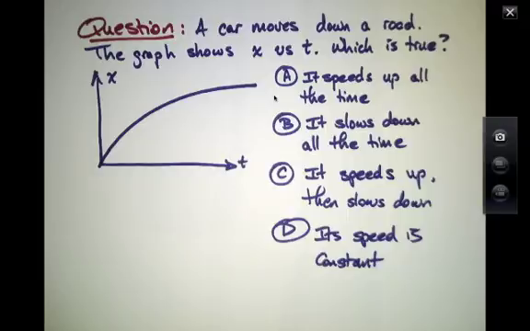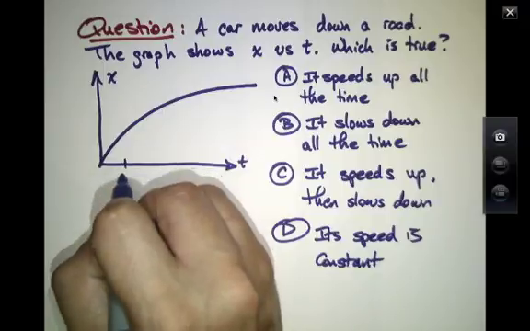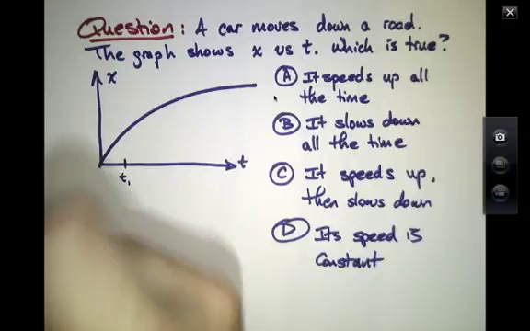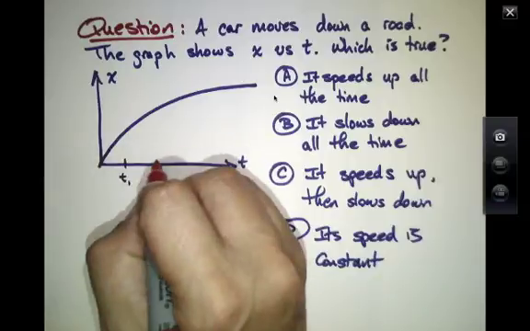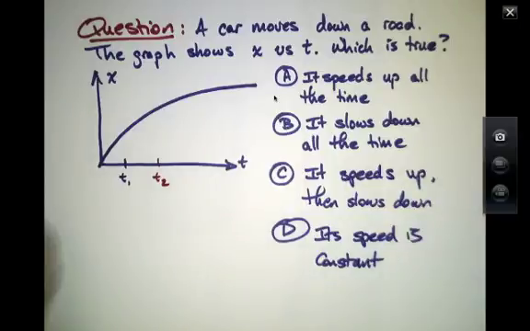So how do we learn about what the velocity is doing? It's easiest if we pick some times here. Let's just pick 3.